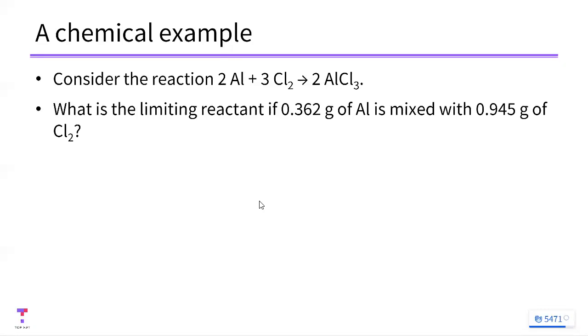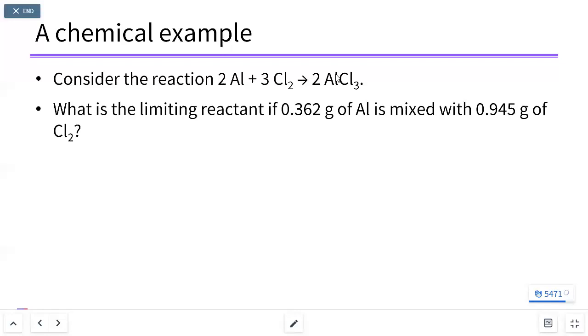Now, the easiest way to do that is exactly the way that we did it with the s'mores problem. The easiest way of going about this is figure out how much product can I get from the aluminum, how much product can I get from the chlorine, and which one is going to run out first. So we're going to put in some new terms as we do this, but let's think out the process here.